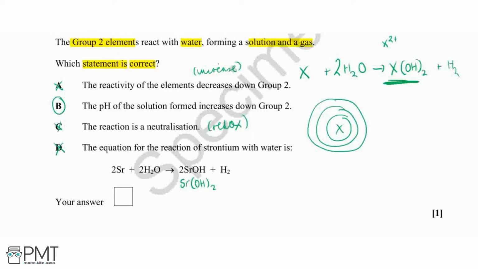What this means is that as we go down group 2, the 2+ ion which we form is going to be less charge dense, because that charge is spread out over a larger volume of that ion. Hence the ionic bond within the hydroxide will be weaker, so it will be more able to donate those hydroxide ions, which will give it an increased pH overall. Therefore, our answer is option B.